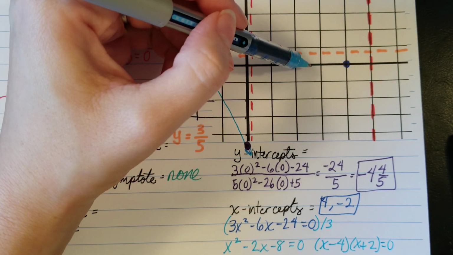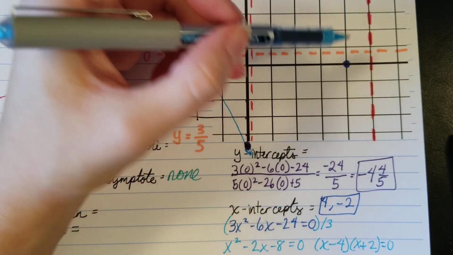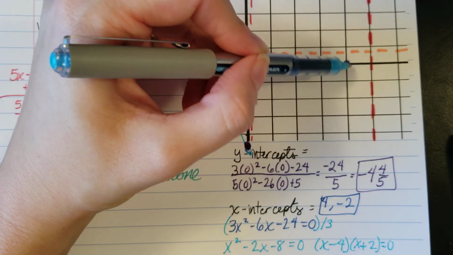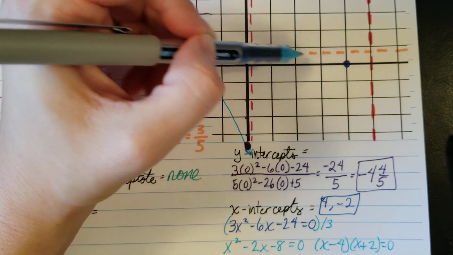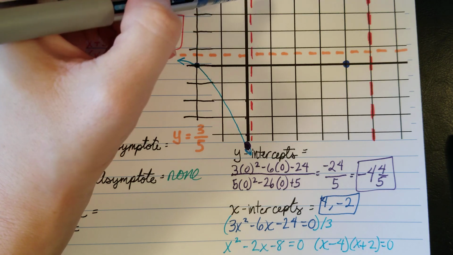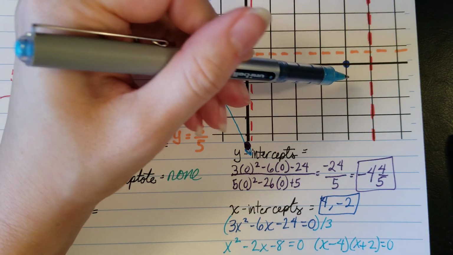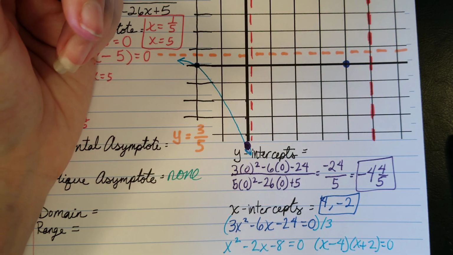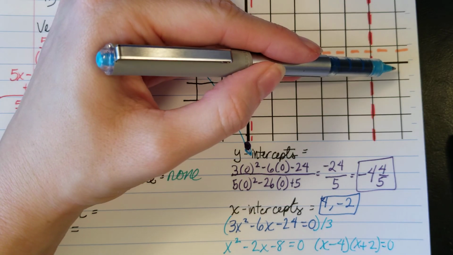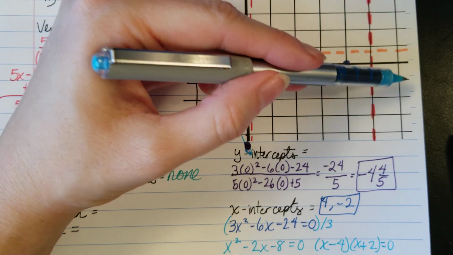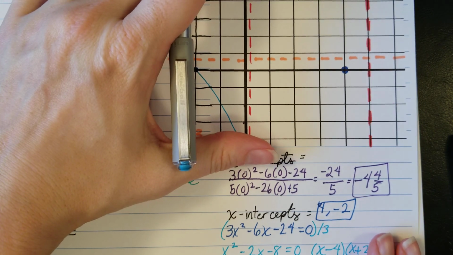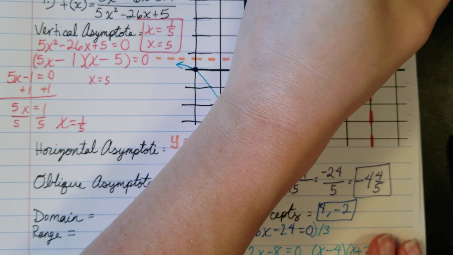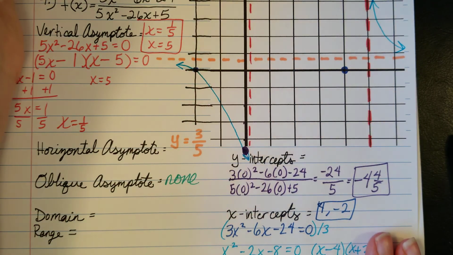If it was in the middle, maybe, but I think usually what happens here is it's gonna go something like this. And then it's going to go something like that, probably. Let's see. Now over here, there's no x-intercept, so we already know what that's going to look like. It can't go through the x-axis again, so that's just basically going to look something like that.